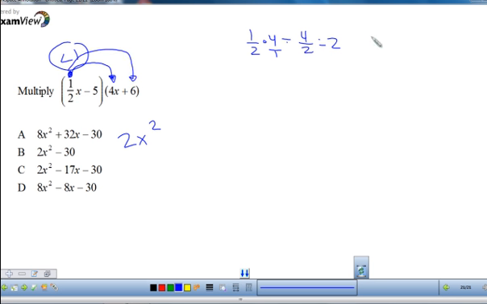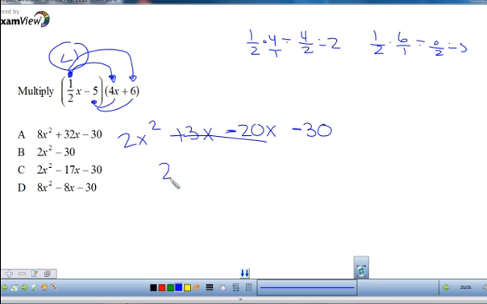So once again, 1/2 times 6 would be 6 over 2. So that's going to give me 3. Then we do the negative 5. So negative 5 times 4x is negative 20x. And negative 5 times 6 would be negative 30. So we're going to combine our like terms. The answer is C.